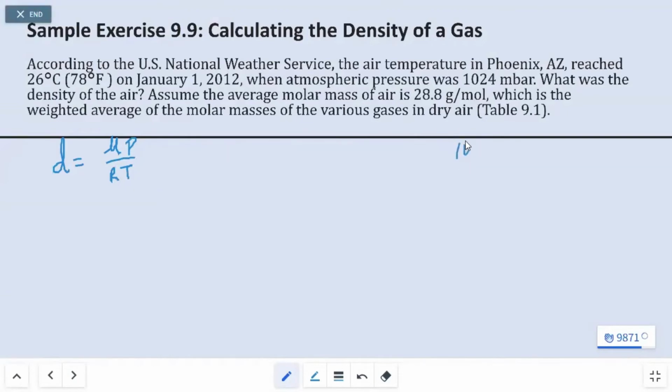So 1024 millibars, with 1013.25 millibar in 1 atmosphere. To 4 significant figures, it's 1.011 atmospheres.